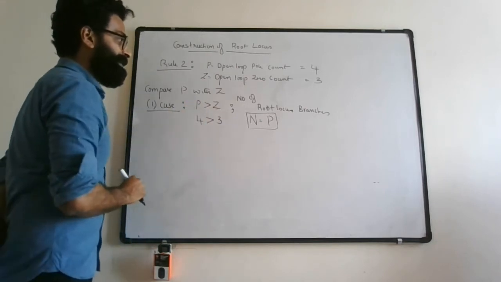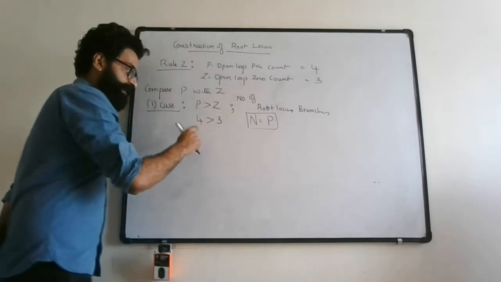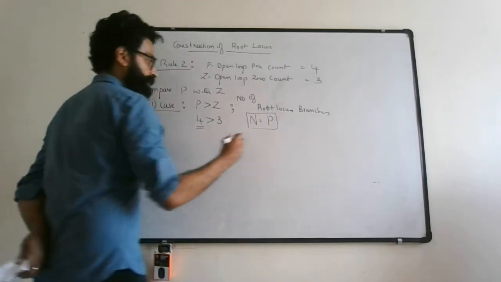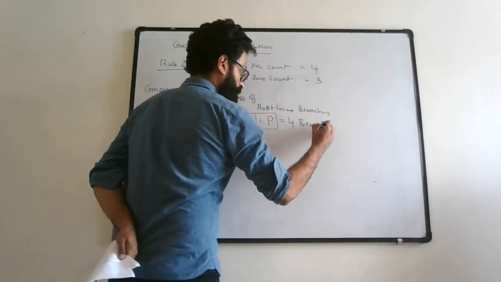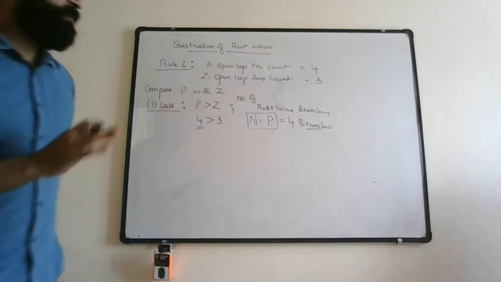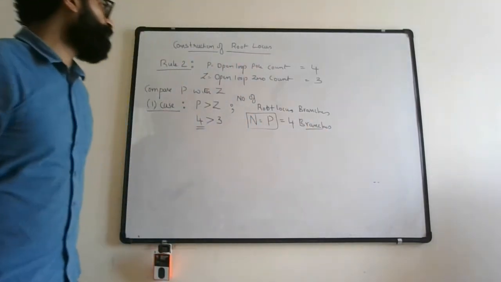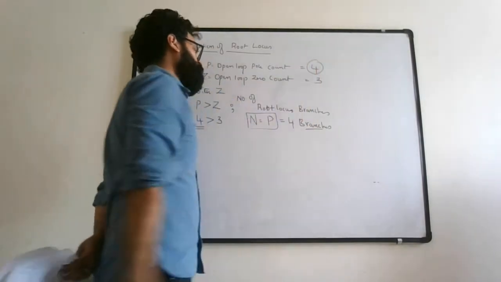So the number of root locus branches is nothing but the number of poles, which is 4 branches. So in this particular open loop transfer function, you have 4 root locus branches.